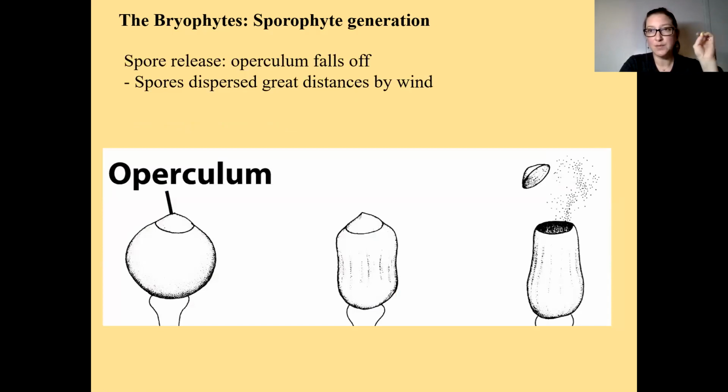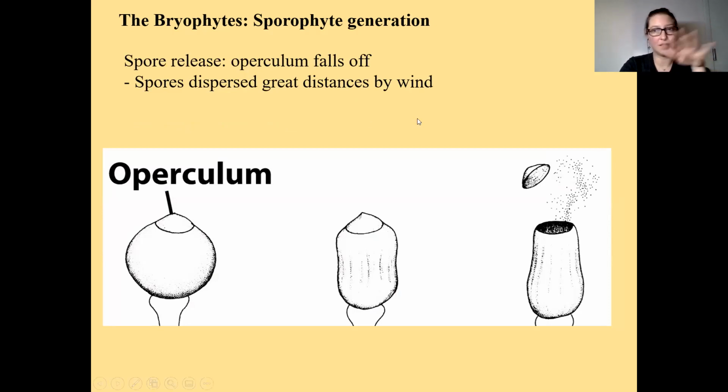So once the spores are ready inside of that sporangium, the capsule is going to open. Don't worry about the operculum for right now. The capsule opens, and the spores are going to shoot out in some cases. In other cases, they kind of just get blown out by wind.